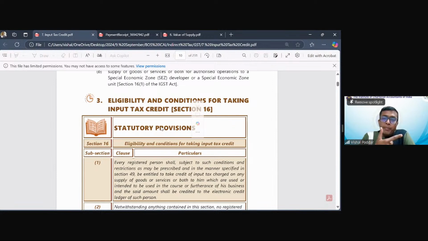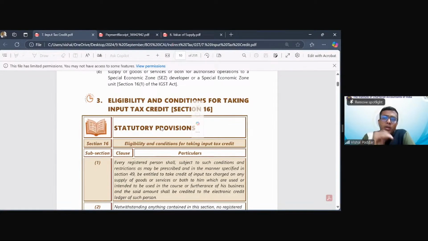It says no. Even though mother is allowing you credit, even though you have satisfied all conditions of mummy, still you will not get credit, or I will allow you only proportionate credit, part credit, not complete credit. So 17 is strict like your father and it is not allowing you complete credit, or it is allowing only proportionate credit. And third, 18 is like your sibling, your brother or sister, which is allowing you credit in some different circumstances or even taking away your credit in some different circumstances.